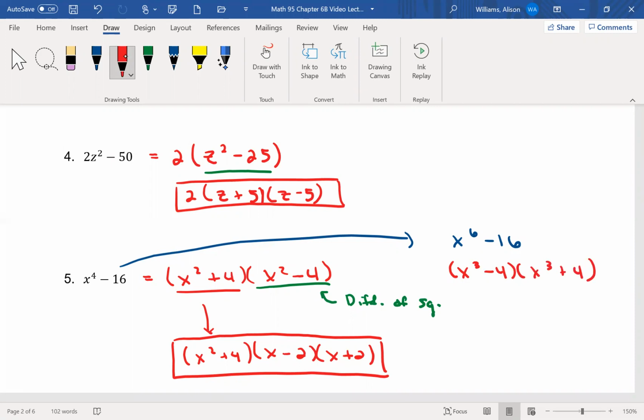That would be the final answer because x cubed is not a perfect square. So that would be it. And I hope you notice that I'm just halving the exponent, right? That's where the 3 is coming from. I'm taking 6 and I'm dividing it by 2. I'm just halving it. So that's how we're thinking of that as a perfect square, by literally dividing the exponent by 2.